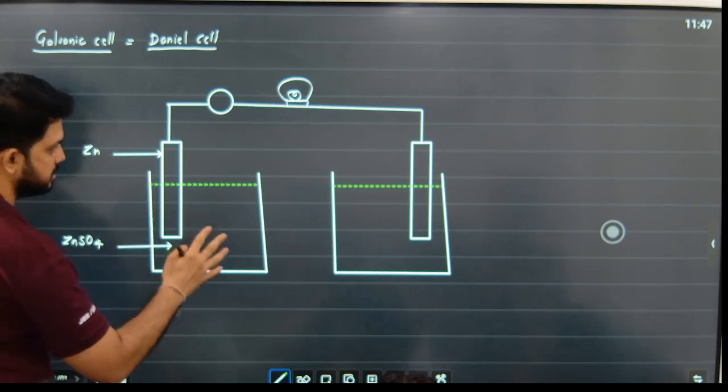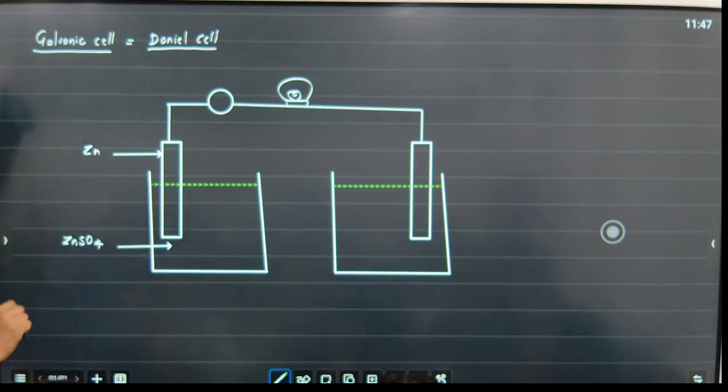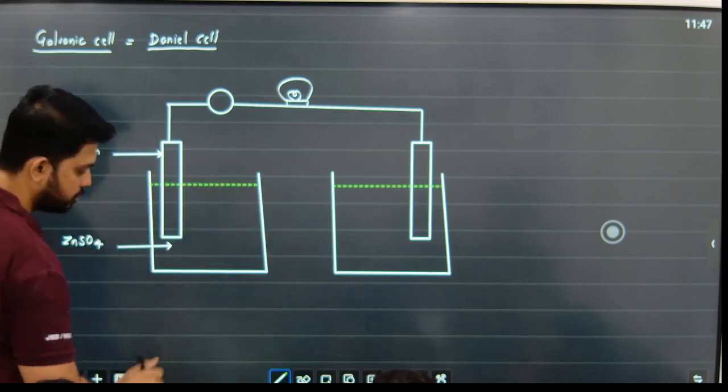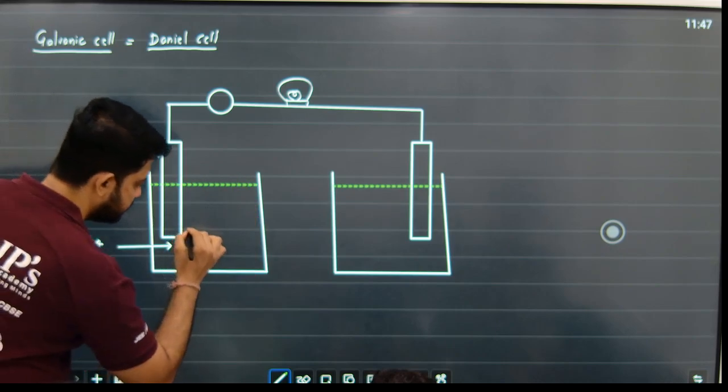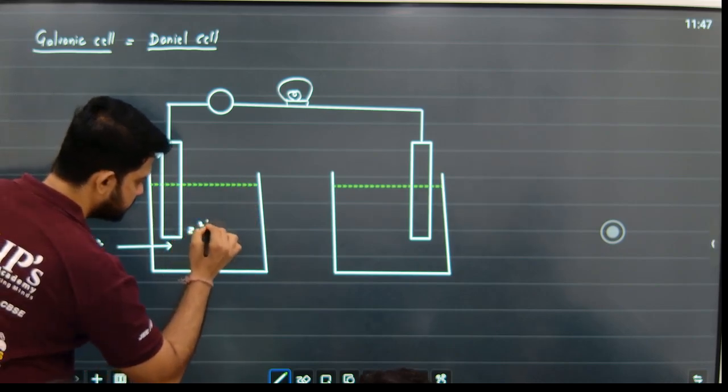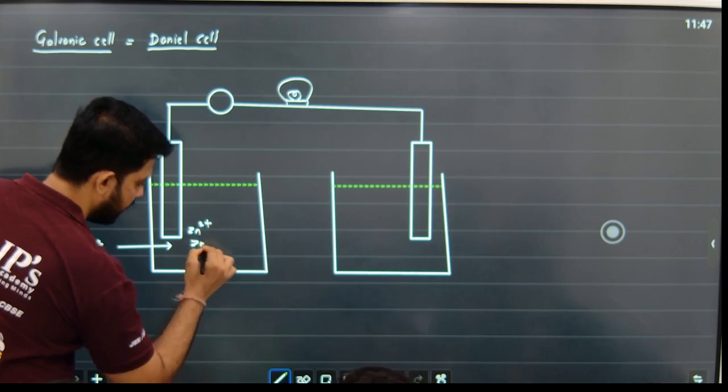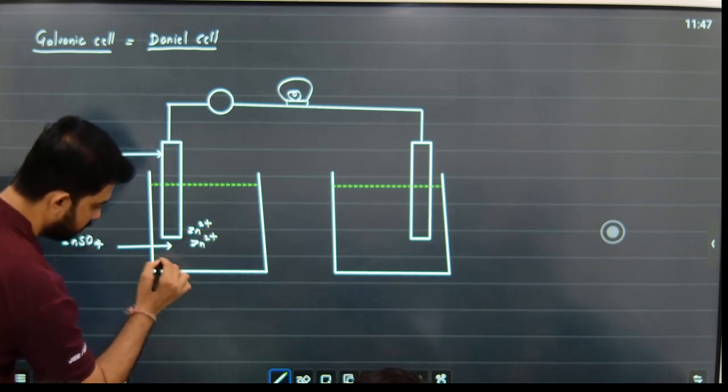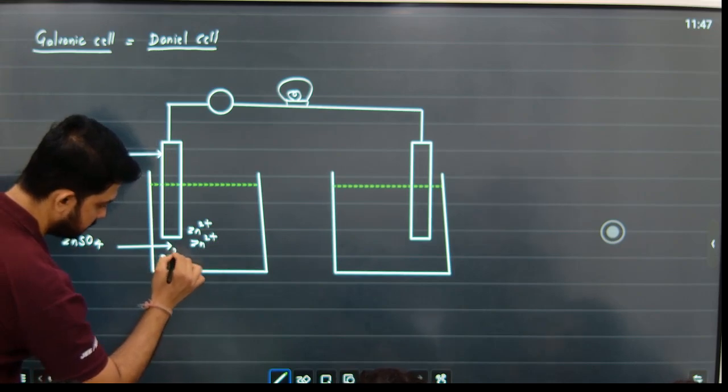I repeat, a zinc rod which is dipped in zinc sulfate solution. So which ions will be present over here? Zn2+ ions and SO4 2- ions.